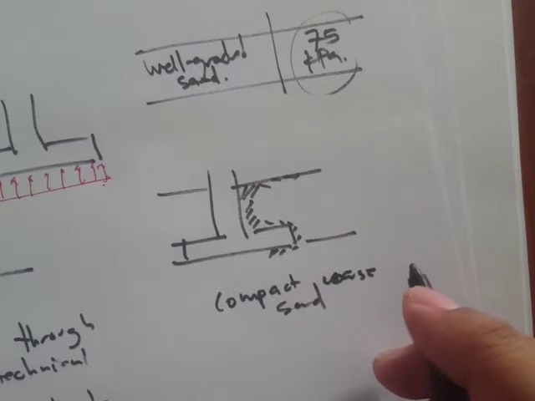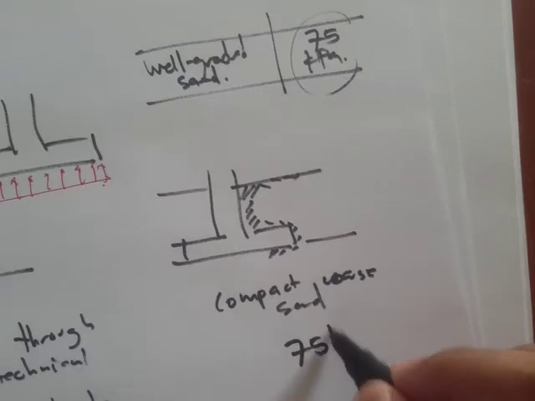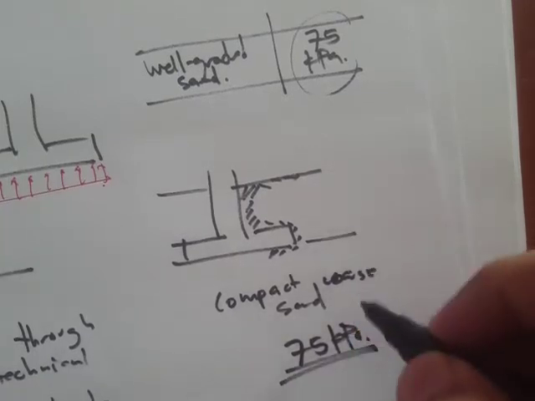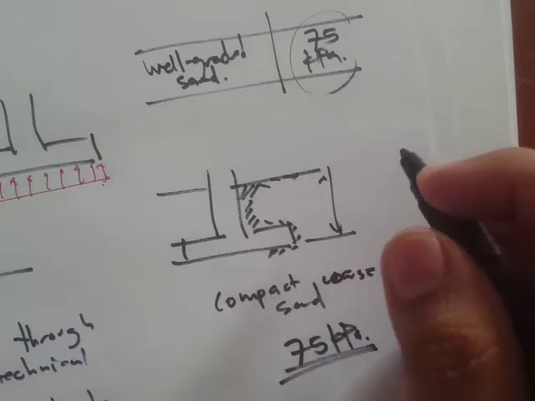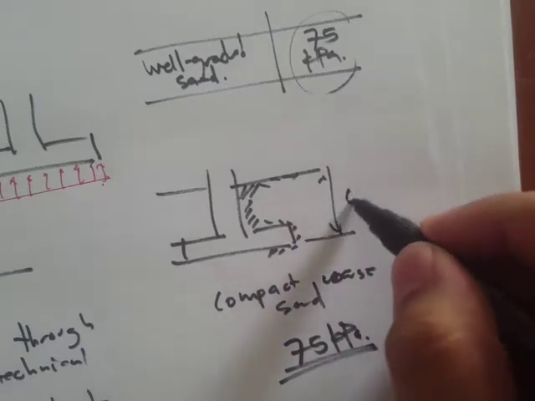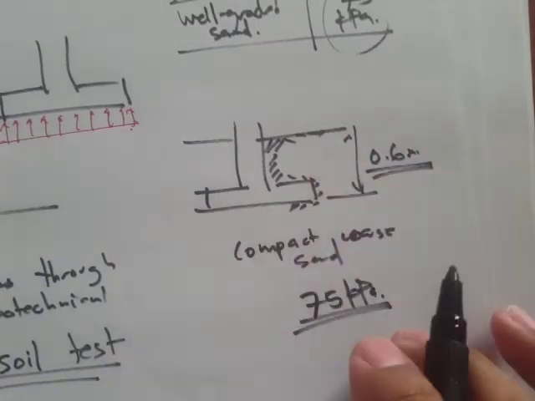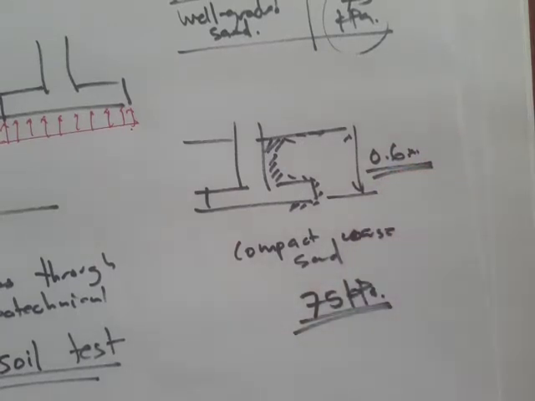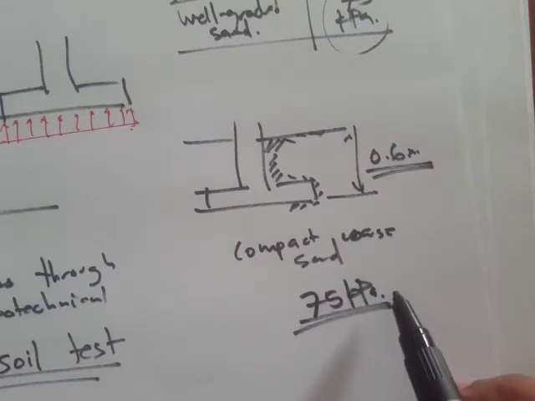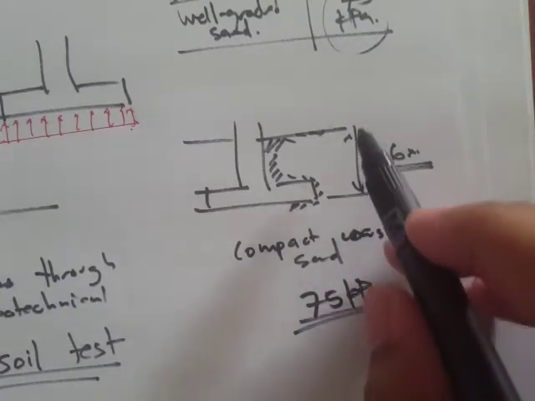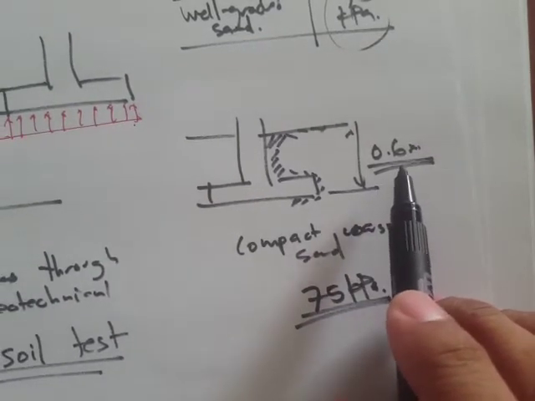The allowable pressure is 75 kPa at a minimum depth. So what's the minimum depth? It specifies 0.6. And there's also an adjustment or some kind of factor wherein you can increase this value if you have an increasing depth beyond this minimum depth of footing.